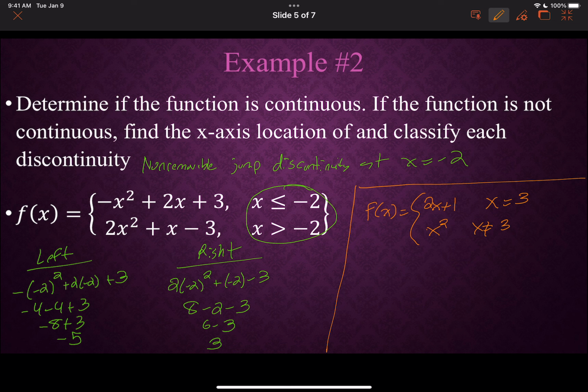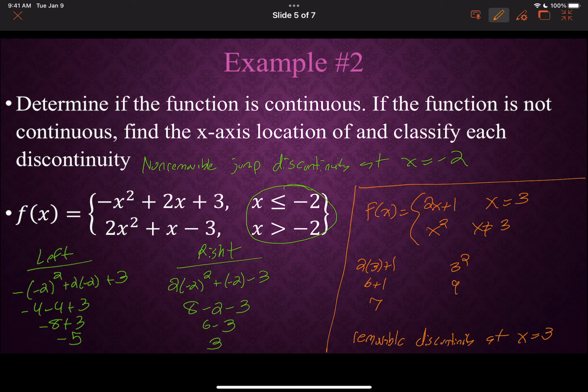Because it's saying that it's the graph of x squared everywhere else except at this one spot. This one spot, it's going to be this different value. So at 3, you'd have your 2 times 3 plus 1, 6 plus 1, which is 7, versus 3 squared, which is 9. This would be a hole, so this would simply be a removable discontinuity at x equals 3.